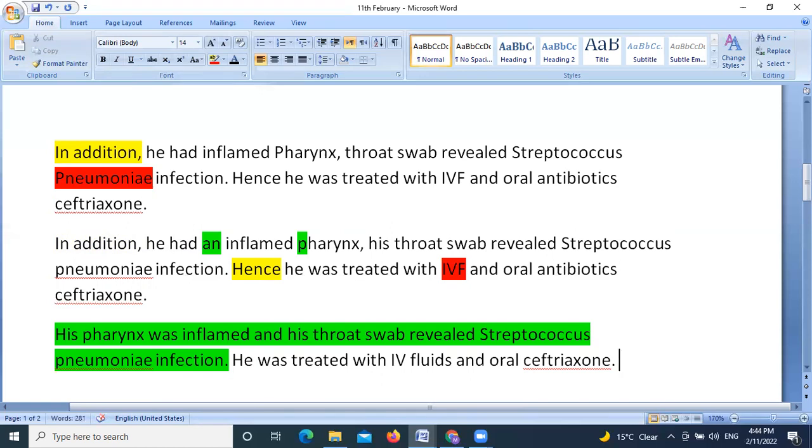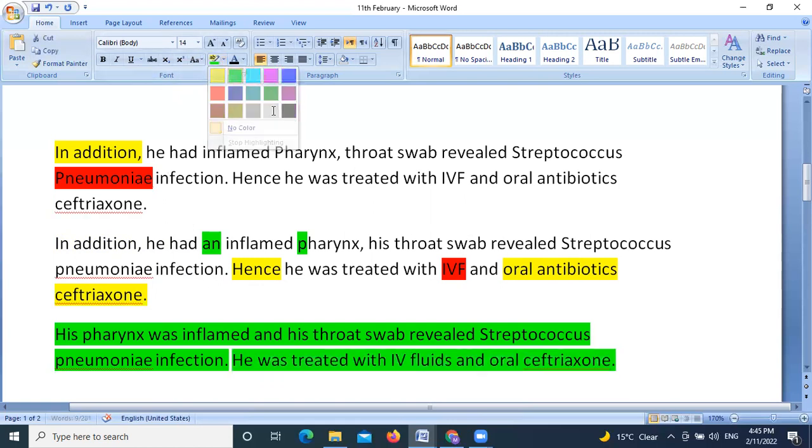Here you can see "oral antibiotics". Antibiotics is plural and there is only one antibiotic. If you write the name of the medication and also "antibiotic", it is a little bit of repetition. Just write the name; any doctor or nurse knows it is an antibiotic. So, he was treated with IV fluids and oral ceftriaxone. Now you can see how easy the same sentence is to understand.